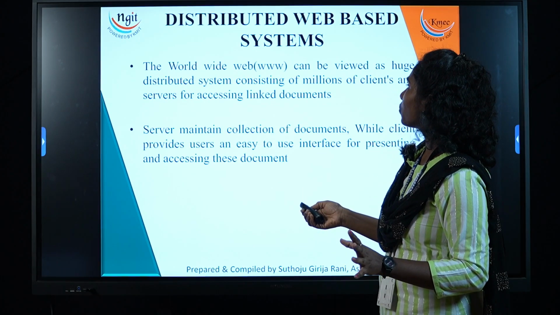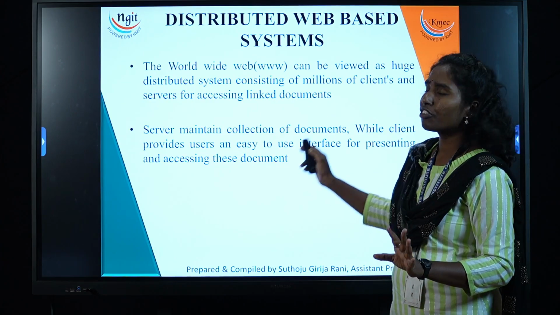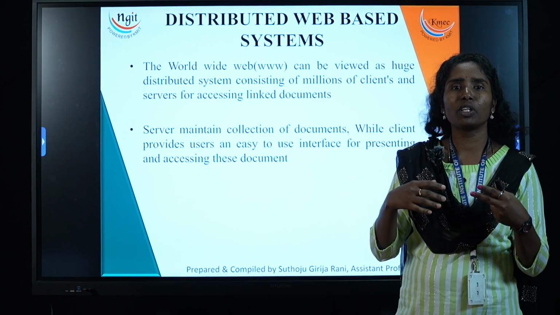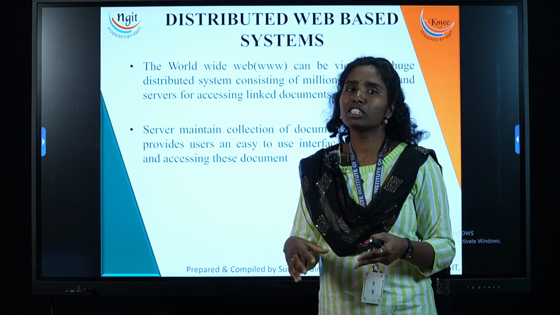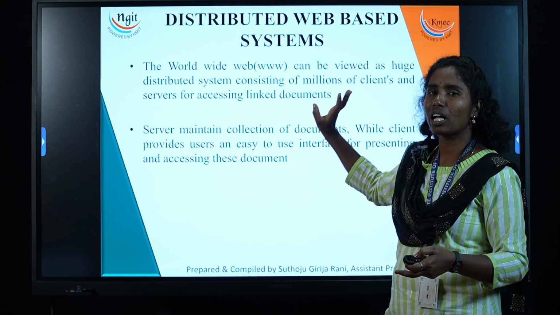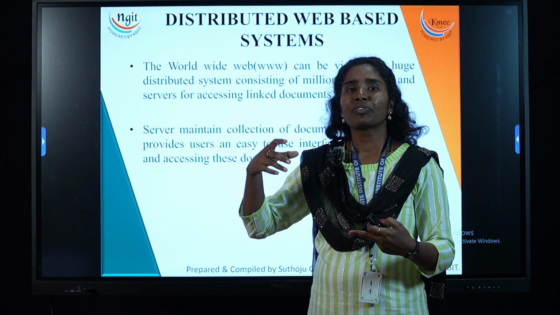So let us start with the distributed web-based system introduction. First of all, in the World Wide Web, we will have n number of huge data which should be maintained in a distributed environment. When we have n number of clients asking for so and so data, immediately that particular server has to be activated.